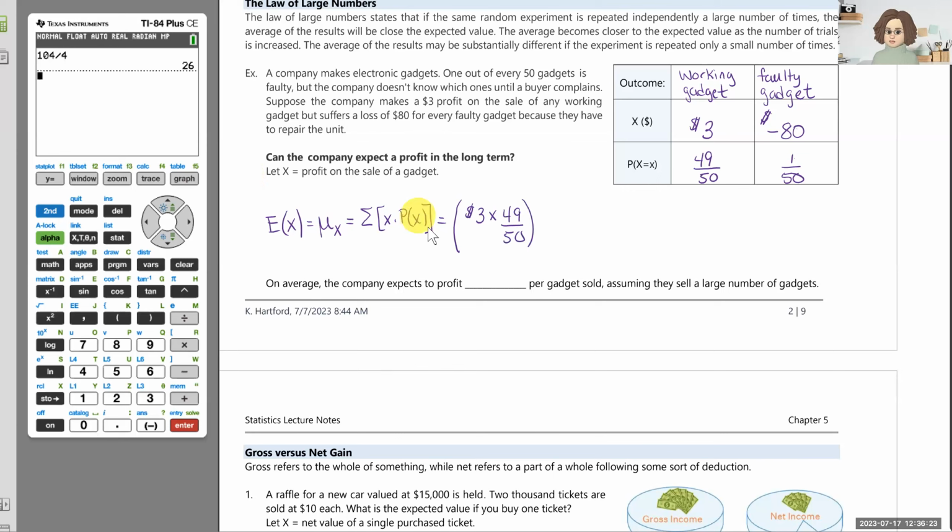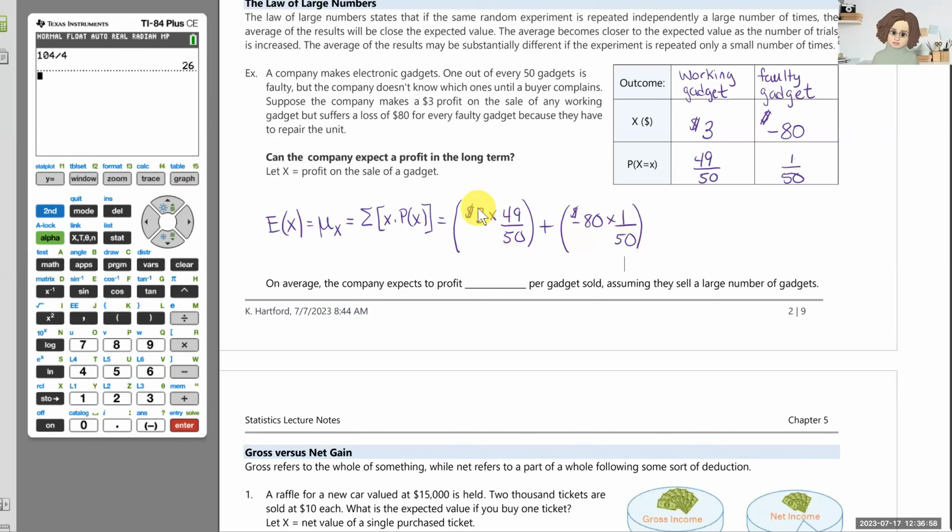All right, so think of this sort of in theory. Out of 50, if they sold 50, they're going to make $3 49 times. So that's the X P of X there, plus they're going to lose $80. Its probability, 1 out of 50. All right, so in theory, out of 50 sold, they'd be losing $80 just once.